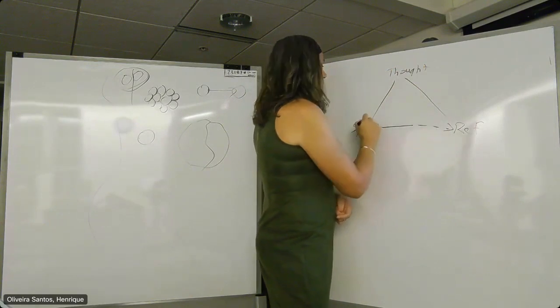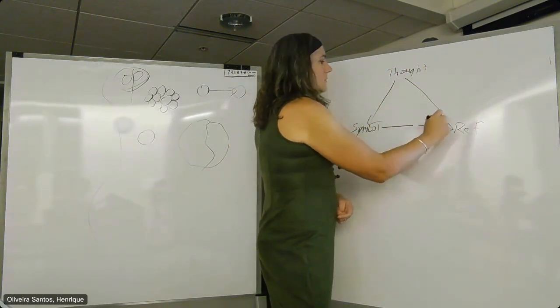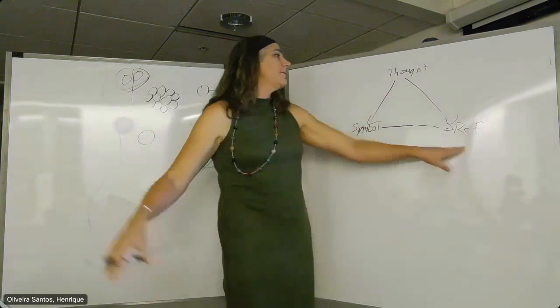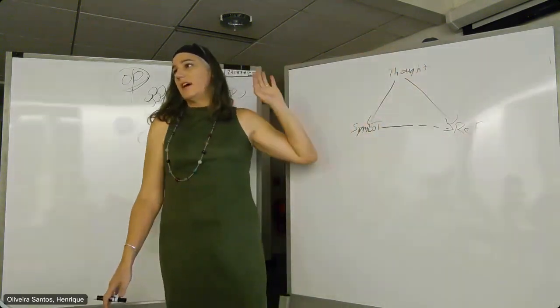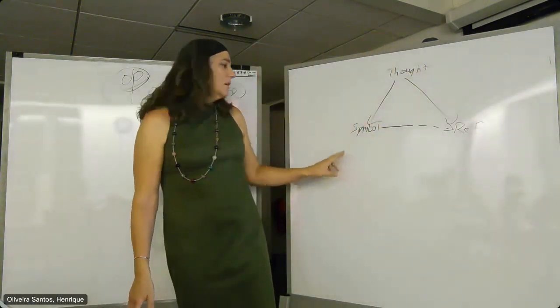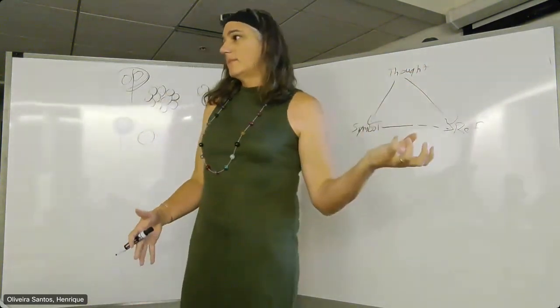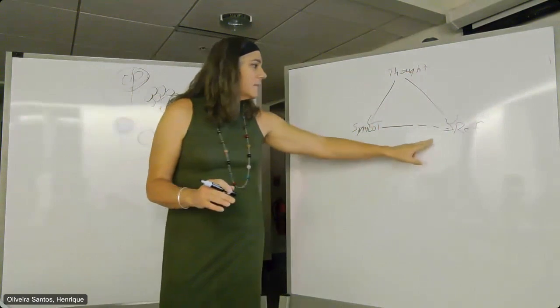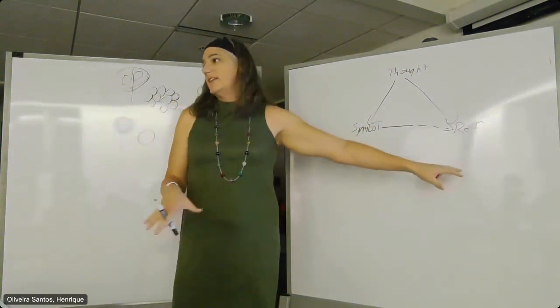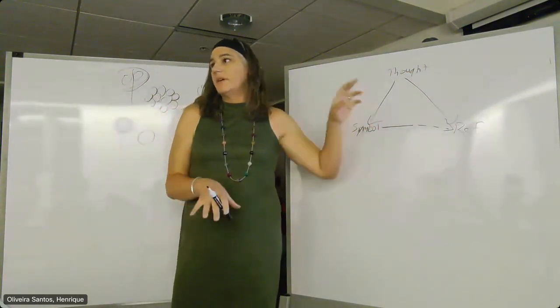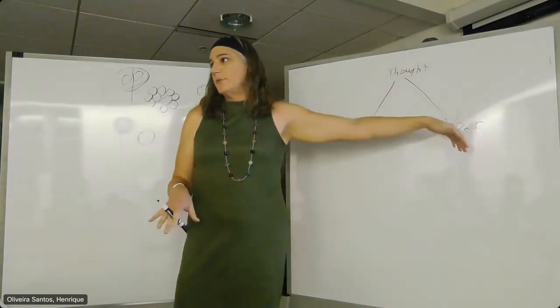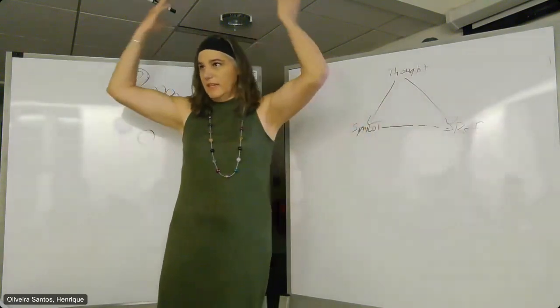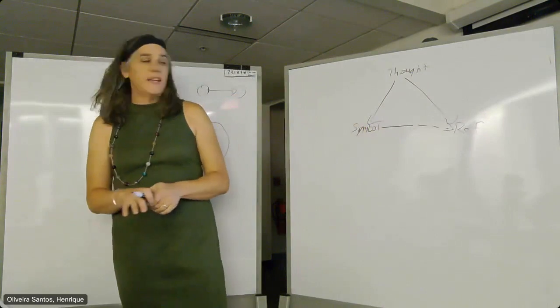The link between the symbol and the referent is mediated by the thought, because there's no direct link between a symbol and the thing that it represents in the world. The only way to do that is to mediate it through some sort of thinking machine, and brains in this case.